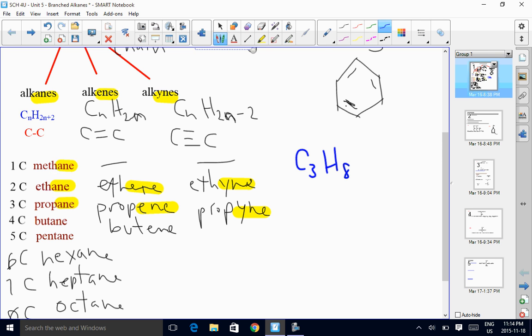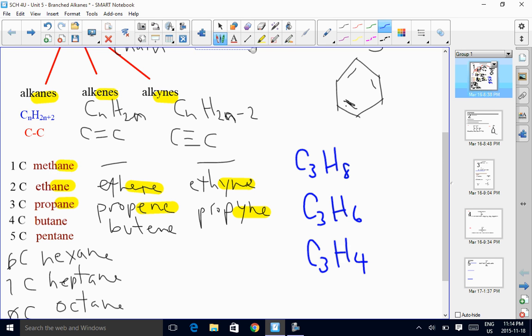For an alkene, it would be propene, and look at the formula, it's CnH2n. So it'd just be C3H6. That's for propene. And for an alkyne, if there was a triple bond in there, it'd be C3, 2n-2. So it's 2 times 3 minus 2, which is 4.